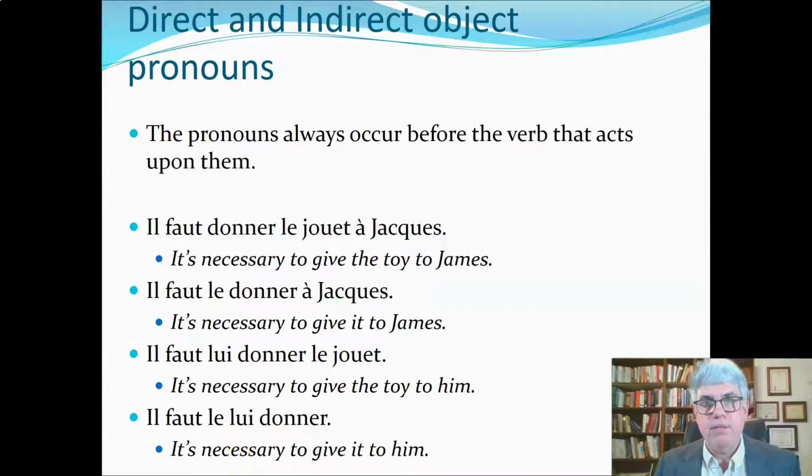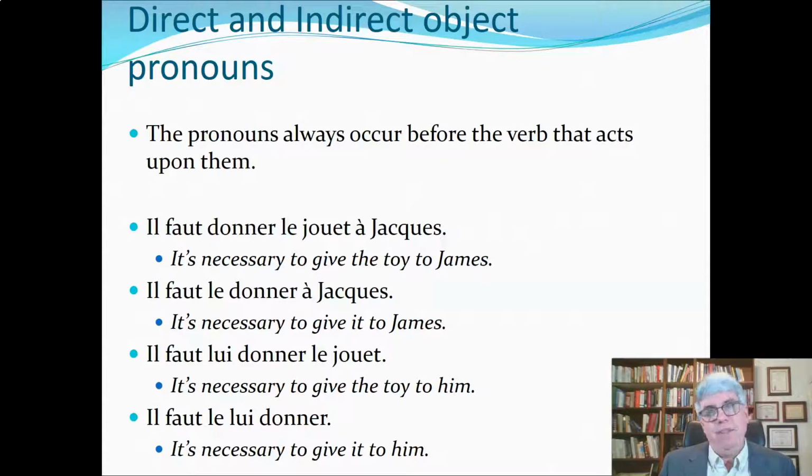Now, notice something really strange in English. We could also say it's necessary to give him it. What in the world is happening to that in English? If we put the to him in front of the it, we have to drop out the to. So it sounds like we've got two direct objects in English, but really the first one's an indirect object without the word to.